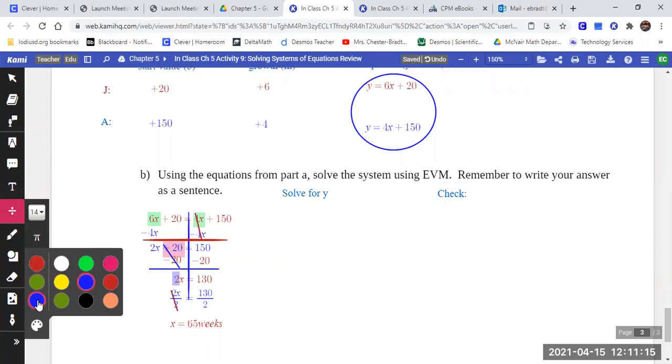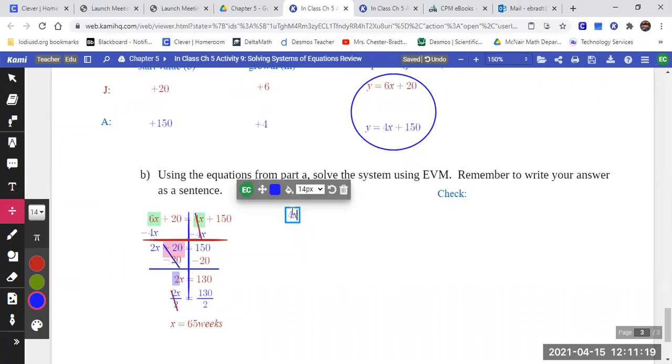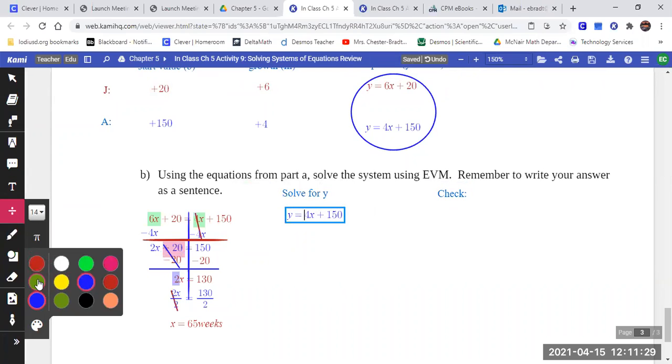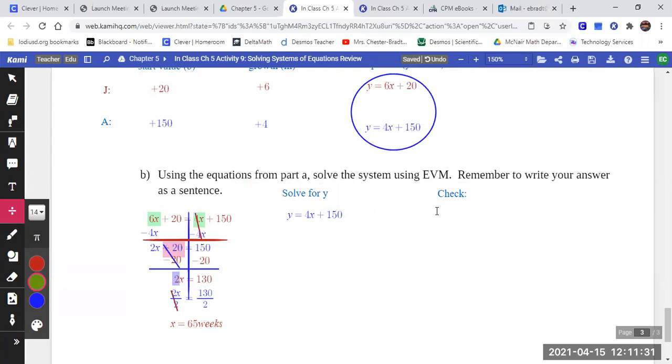No. So I'm going to put the solve for y at y equals 4x plus 150, and I'm going to use the other one for the check solution, y equals 6x plus 20. Did it matter? No. We're just working.